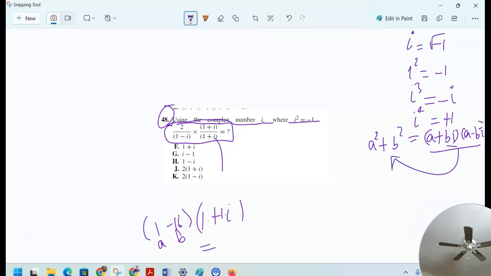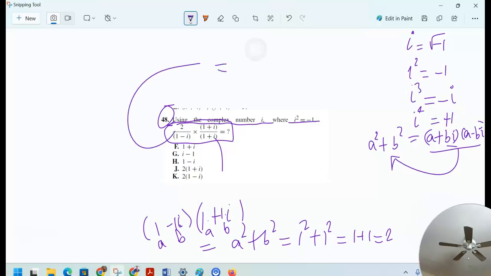That means if you have a plus bi and a minus bi, the answer is a square plus b square, which is 1 square plus 1 square, and 1 plus 1 is 2. So the top is 1 plus 2i and the bottom is 2. This 2 crosses out and you get 1 plus i. And you're done. See, so simple it is. So 1 plus i is F. This one. Hope that helps.